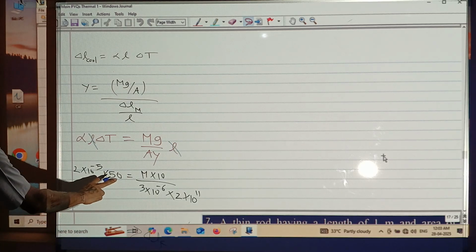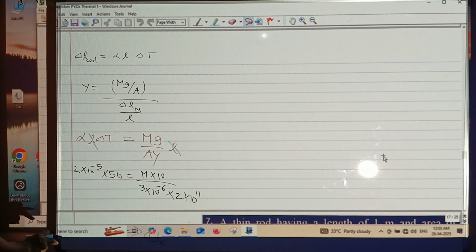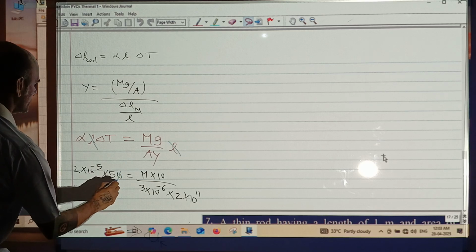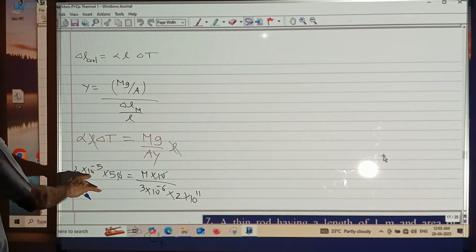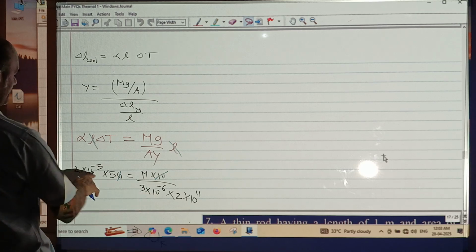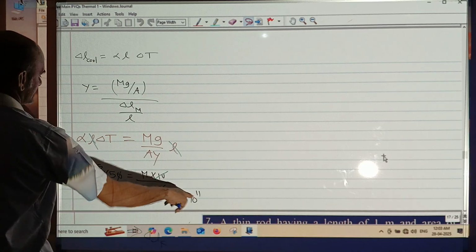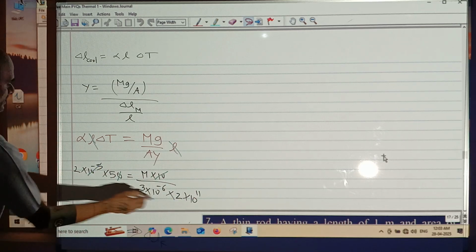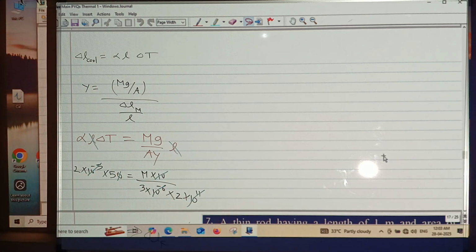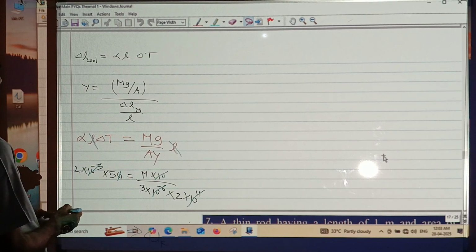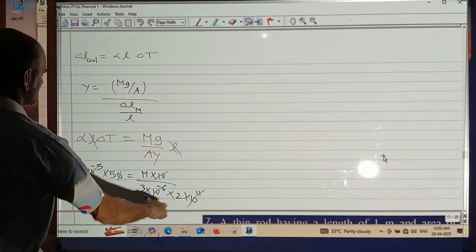So this 2 into 50 is 100. Okay, let me cancel this 0 here and 10 here. Okay, and then 10 to the minus 5 and minus will become 10 to the minus 11. That will cancel this 10 to the 11. So 10 to the minus 5, this thing can go up here. This will cancel this 10 to the 11. Okay, and this is 10 and this 10 and this is 6.